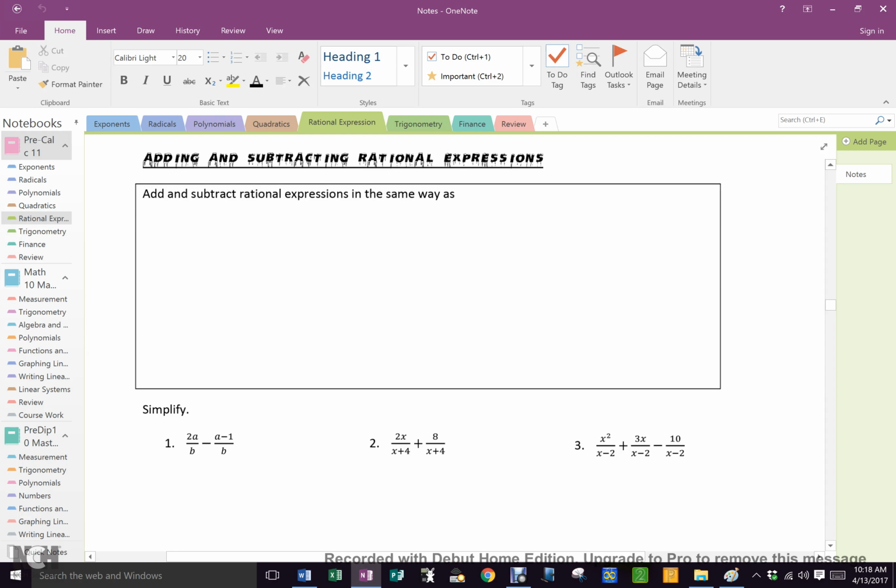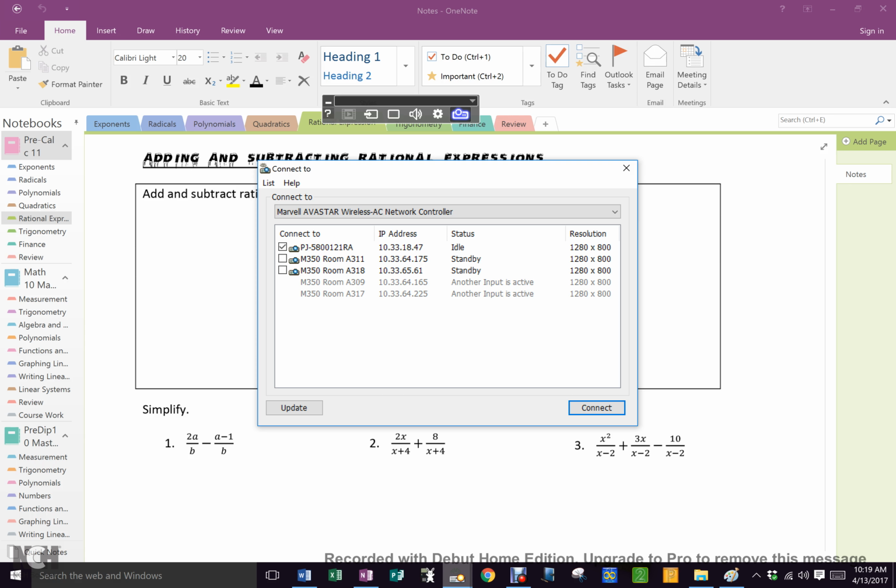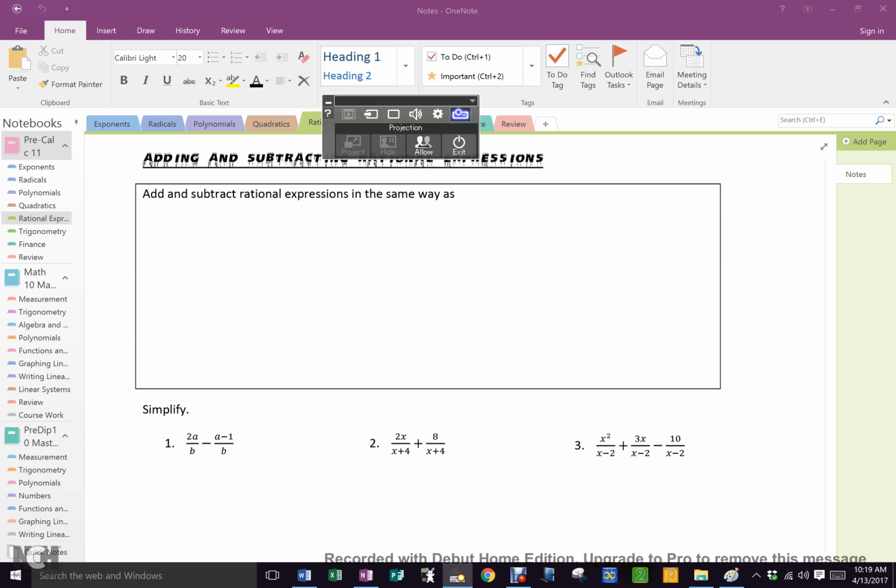Just like fractions, multiplying and dividing them is very, very easy. Adding and subtracting them is also very easy, but significantly more time-consuming. Okay? So, we are going to discuss how to add and subtract these things right now.